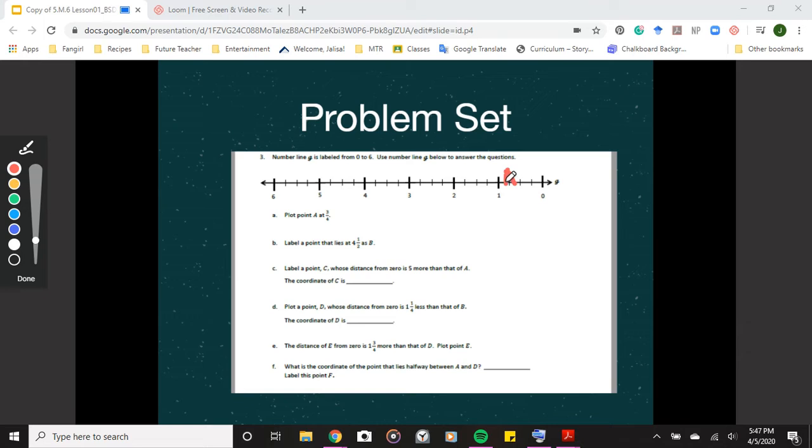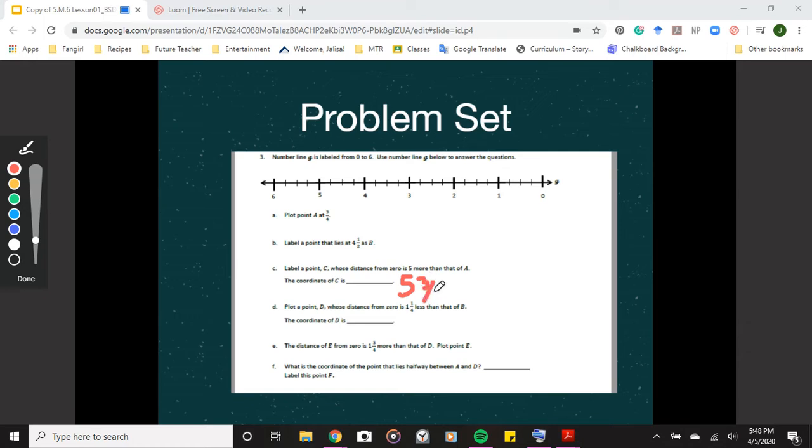If I am going to add 5 more to where A is, that means I'm going to add 5 plus 3/4, which means that we're going to have 5 and 3/4. 5 and 3/4 as our answer.